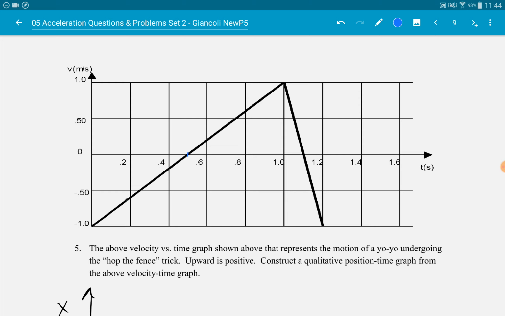However, the velocity is getting smaller and smaller, approaching zero. So it starts off fast going down, and just gets slower going down, but still going down. Then it's got a velocity of zero at the half second mark, so it's at least momentarily stationary.